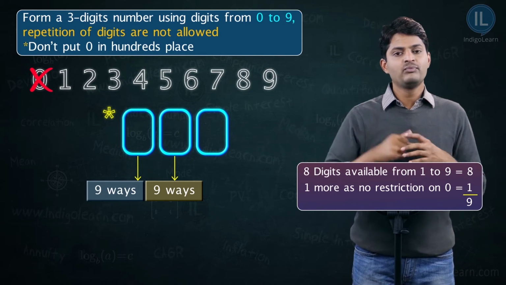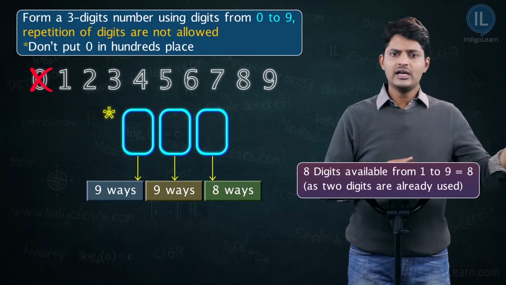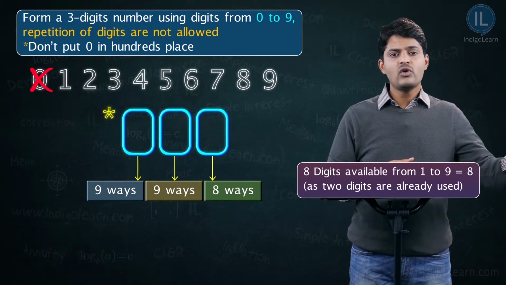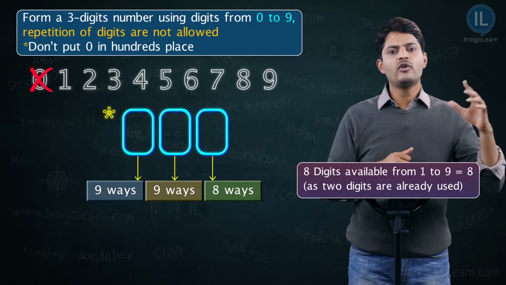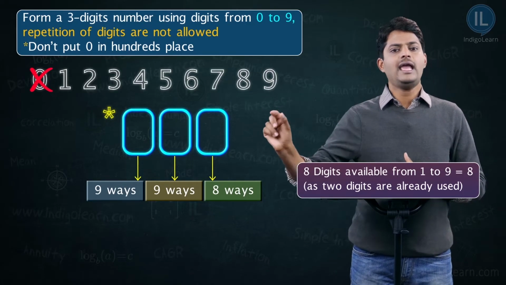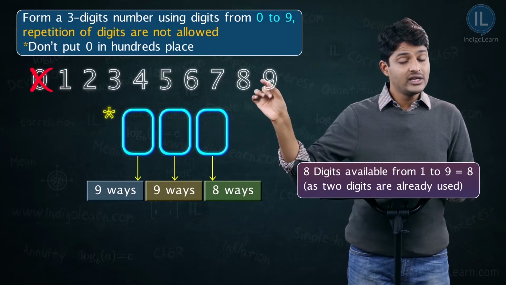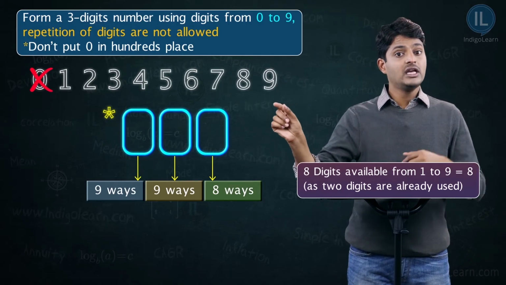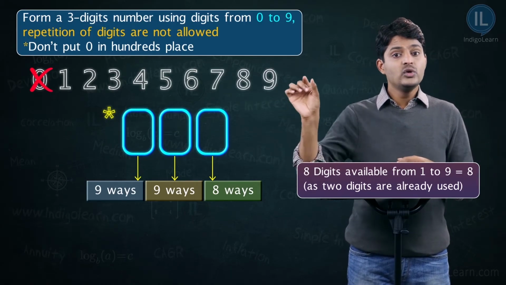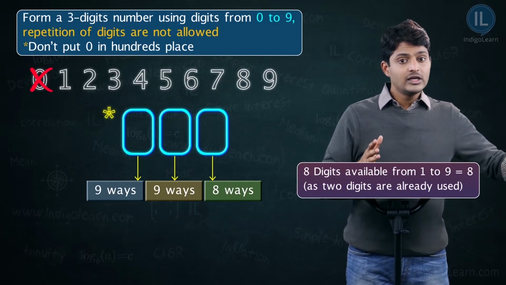Now coming to the units place. How many ways can you fill the units place? Already we have 9 now. Out of this, one number you would have already used for the tens place. Now the number of options available to you are 8. So the hundreds place can be filled in 9 ways excluding 0. The tens place can be filled in 9 ways including 0, and the units place can be filled in 8 ways while reducing the choice.